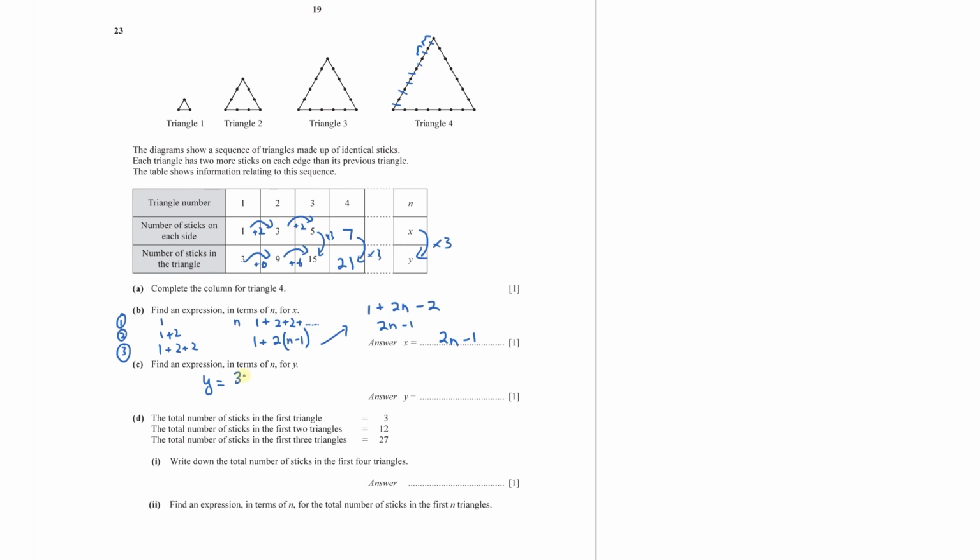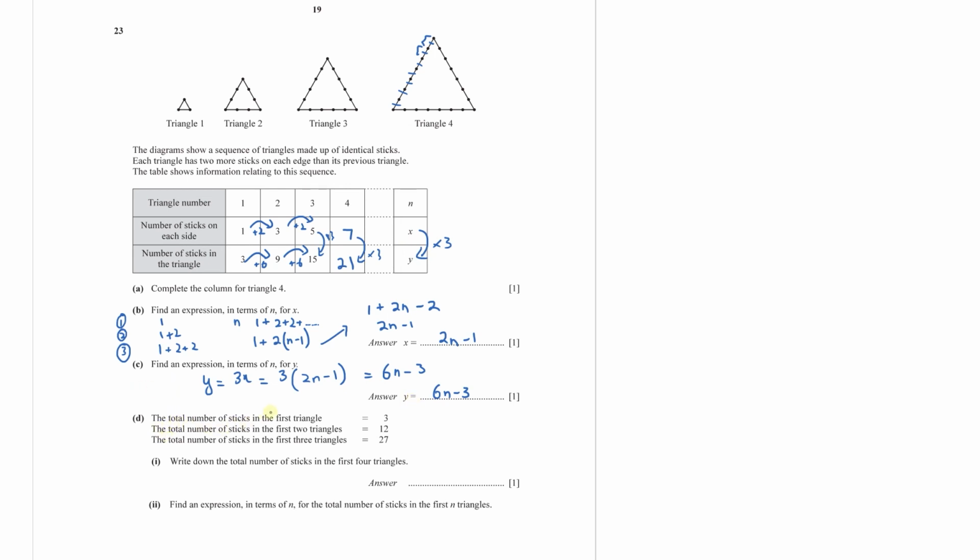So y equals 3 times x. So y is 3 into 2n minus 1, which equals 6n minus 3. You can also calculate it the same way by expanding the sequence, but this is quicker since you know the relation between x and y. You can simply multiply the expression for x by 3 to get y.